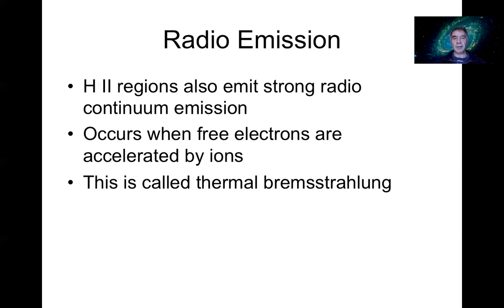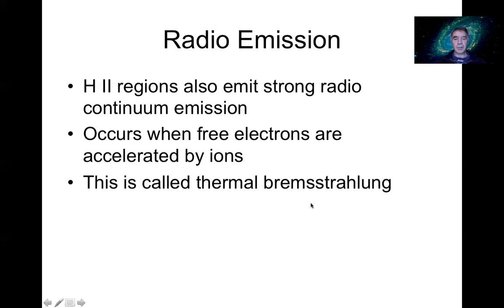Here you've got much slower moving electrons. They're just moving around with whatever the temperature of the gas is, in this case 10,000 Kelvin. This is why I refer to this process as thermal Bremsstrahlung. The electrons and the ions are moving around with their normal thermal gas speed. Nothing weird going on.